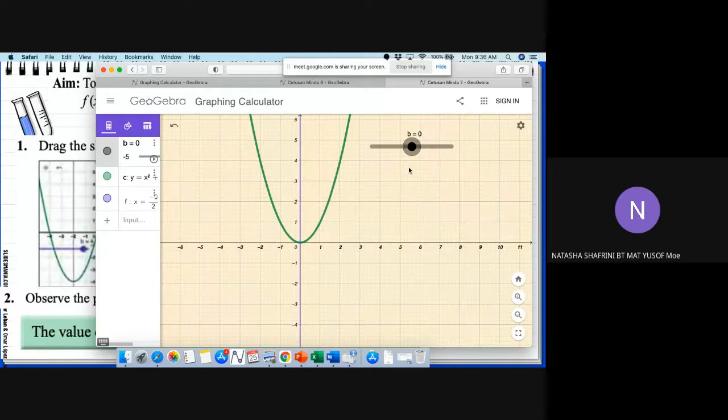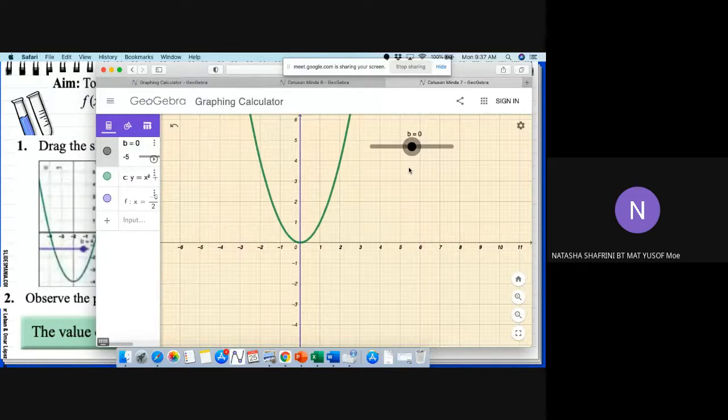Okay, soalan yang ketiga. Apa jadi kalau kita punya B adalah negatif? Kat mana position dia? Dekat positive part tapi di bawah. Okay, kanan. Apa jadi kalau dia positif? B dia positif. Dia akan duduk left.